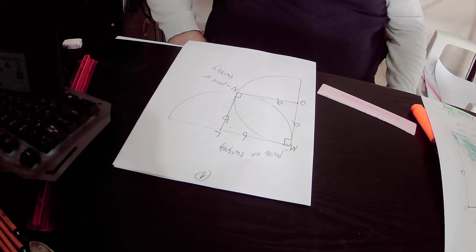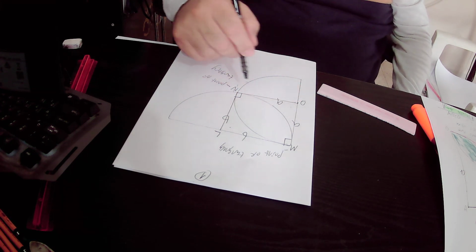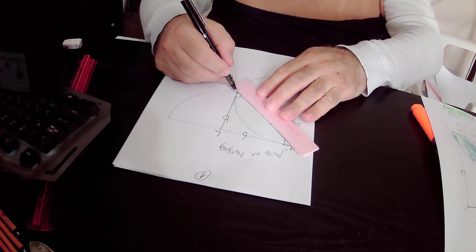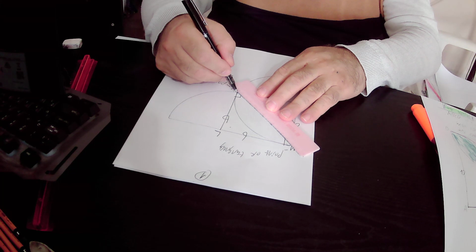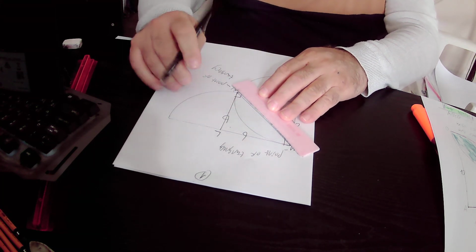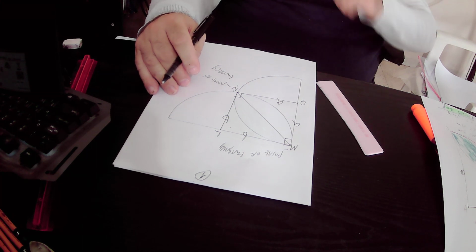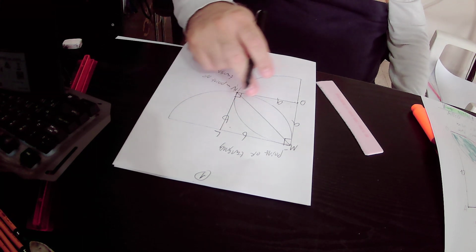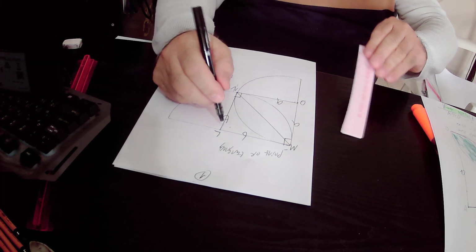In the next step, we'll join points M and N together by a straight line, and we'll join points L and O by a straight line.